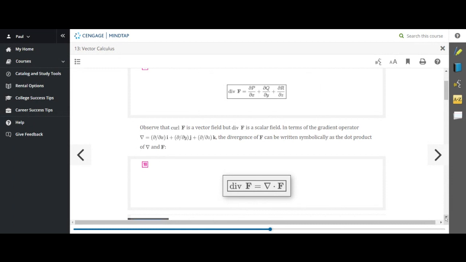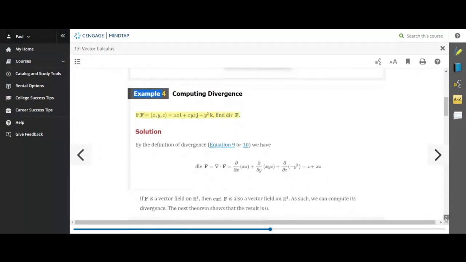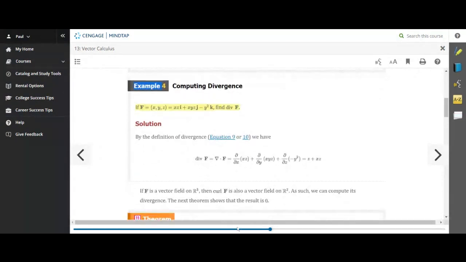And so if we want to compute divergence, here's an example, example 4. Here you have a vector field given by xzi plus xyzj minus y squared k, and they want you to find the divergence of that vector field. So very easy to do. Take a look there.